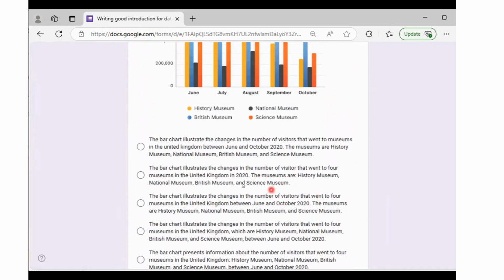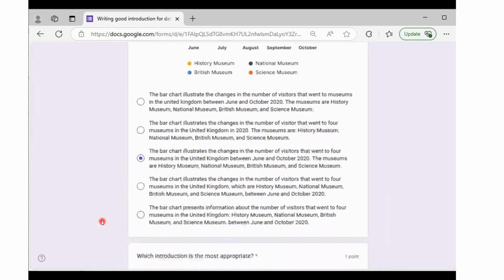So for option B, this thing is faulty, so I won't pick option B. Option C. The bar chart illustrates the changes in the number of visitors that went to 4 museums in the United Kingdom between June and October 2020. The museums are, yes, this one is cool. Option C is correct.